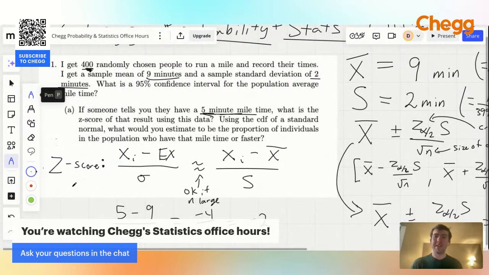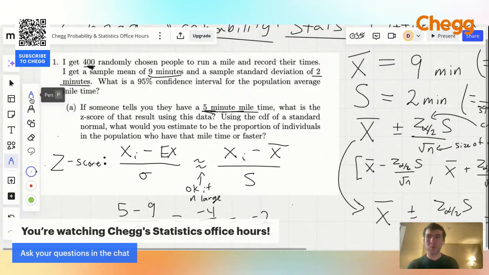Can anyone tell me if this is significant or not significant? And approximately how many individuals, given this data, would have equal or quicker mile times? Does anybody want to hazard a guess or use some statistics knowledge to guess how unlikely this is? I'll give a little moment to think.